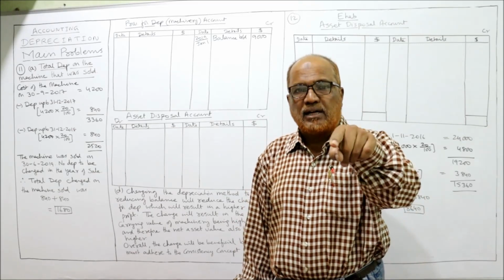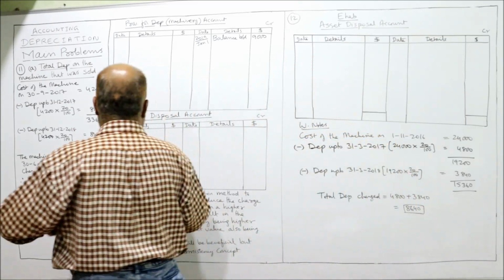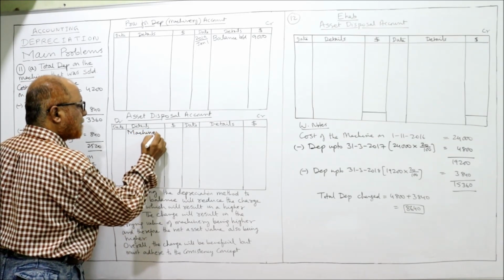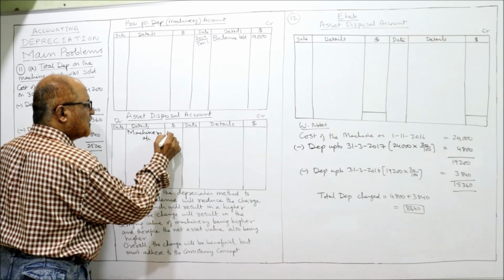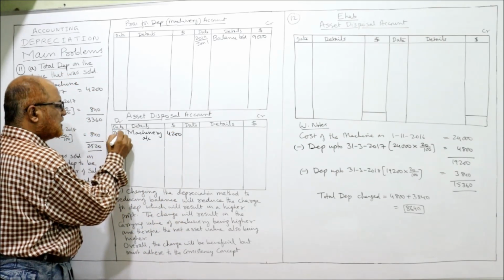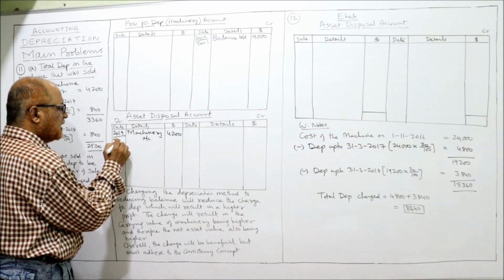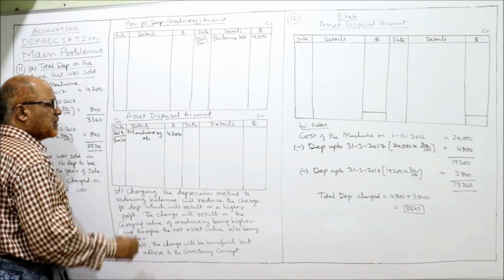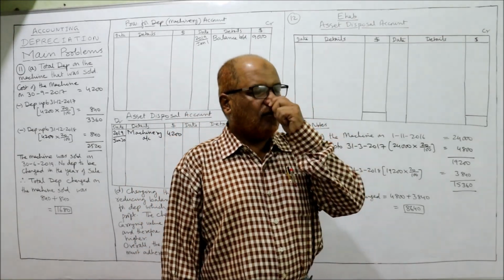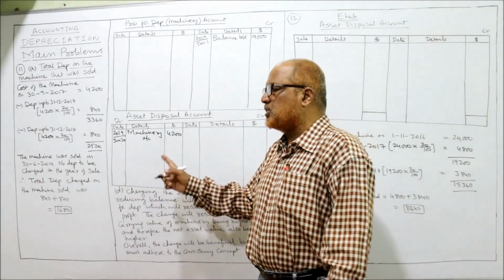So on the debit side I am writing machinery account. What is the cost of that machine? 4,200 was the cost. It was sold on 2019, June 30th. The first entry is completed: transfer of original cost of asset to asset disposal.